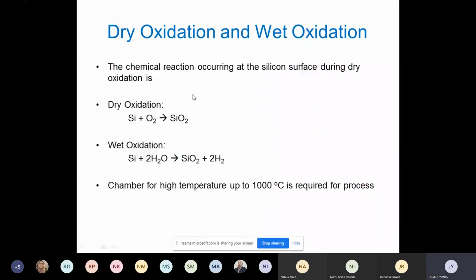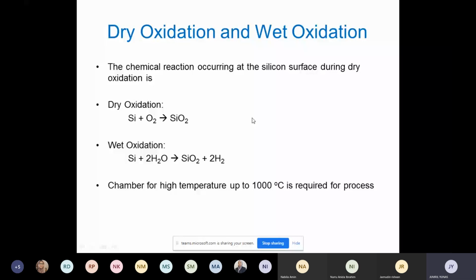For dry oxidation, we use only oxygen gas flowing into the hot chamber, and it finally reacts with our silicon. The result is a silicon oxide layer.